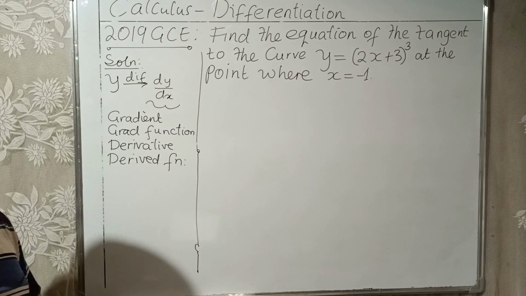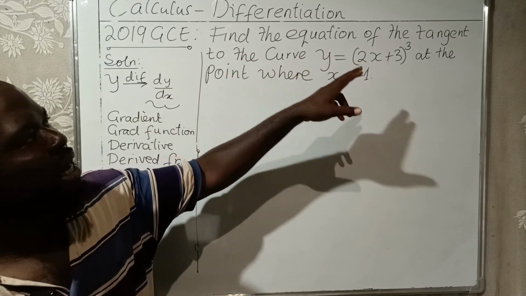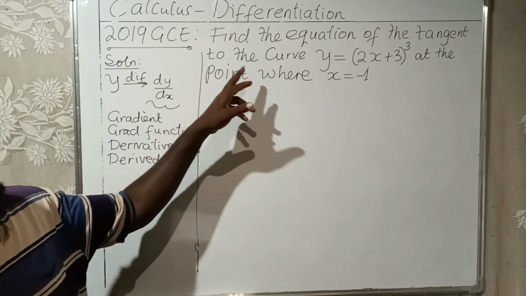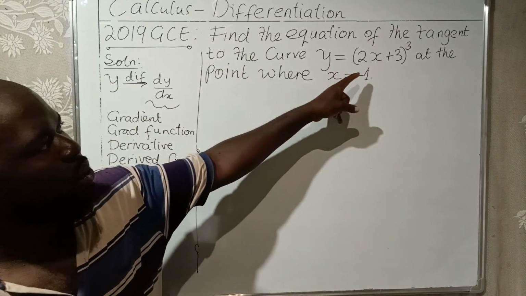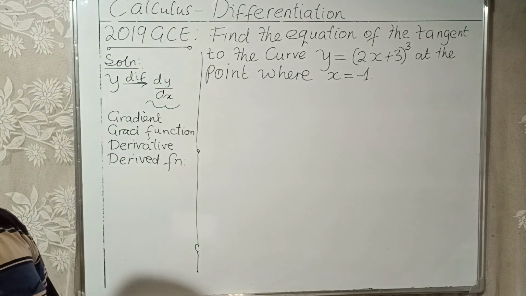Now, getting back to our question, find the equation of the tangent to the curve y is equal to this at the point where x is equal to -1.